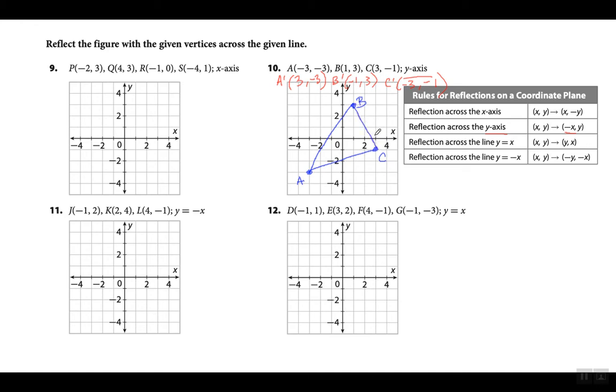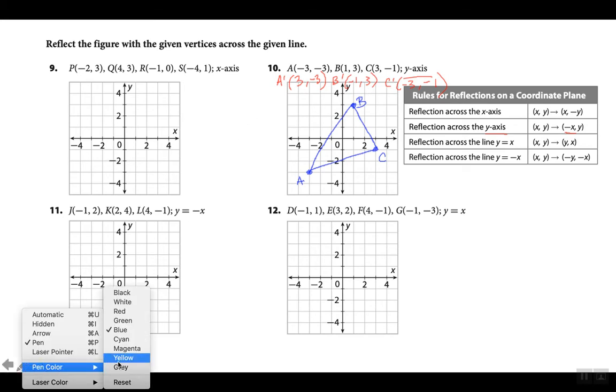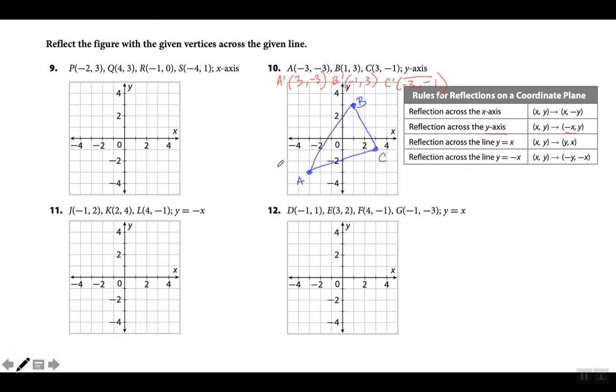Okay, now notice something. We're going to reflect this over the y-axis. That means this point of the triangle is going to be on the right, and this part of the triangle is going to be on the left. All right, so now let me change to red, and I'll graph the image in red. So A prime is going to be at positive 3, negative 3. 1, 2, 3. All right, so here's A prime. B prime is going to be at negative 1, positive 3.